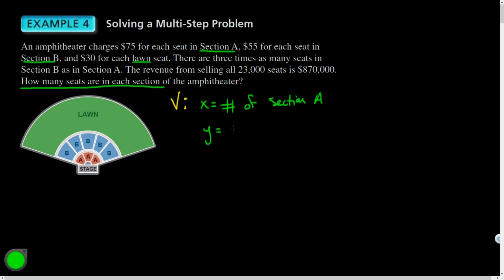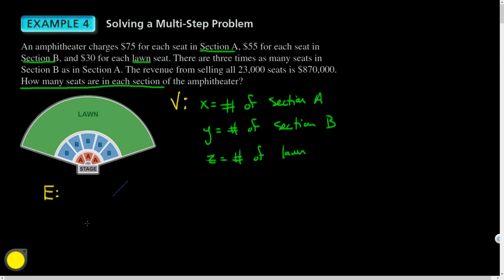Y will be the number of section B seats, and Z will equal the number of lawn seats. All right. And so now that I've got my variables, I've got to write my equations.